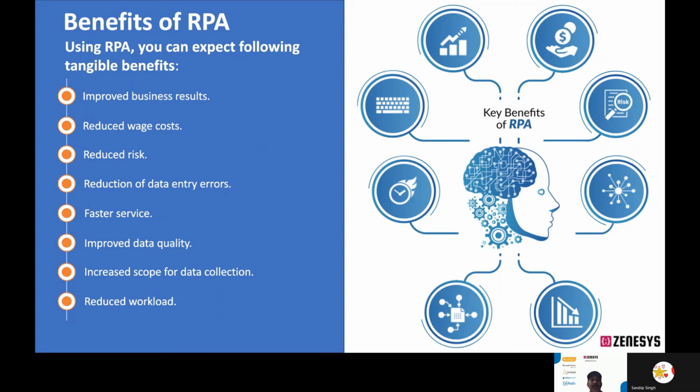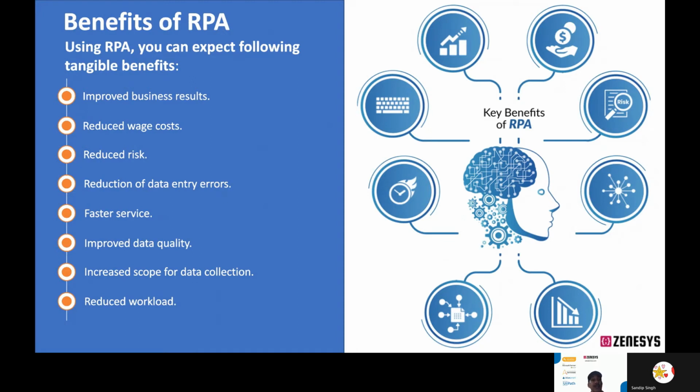They are pretty much faster as compared to human beings. As a result of correct data movement from one source into another source, it improves data quality and reduces risks. And overall wage cost reduces as a result of bringing in an RPA system.